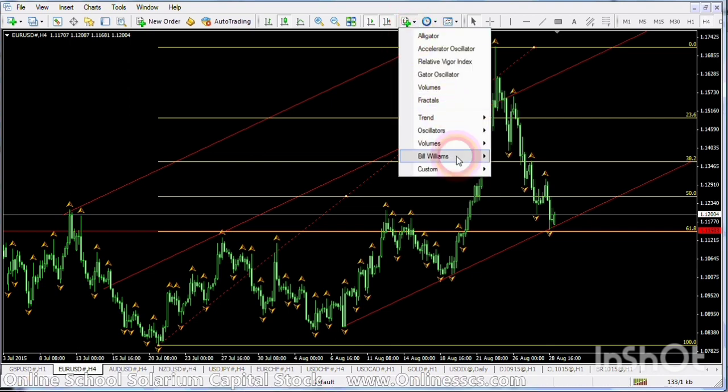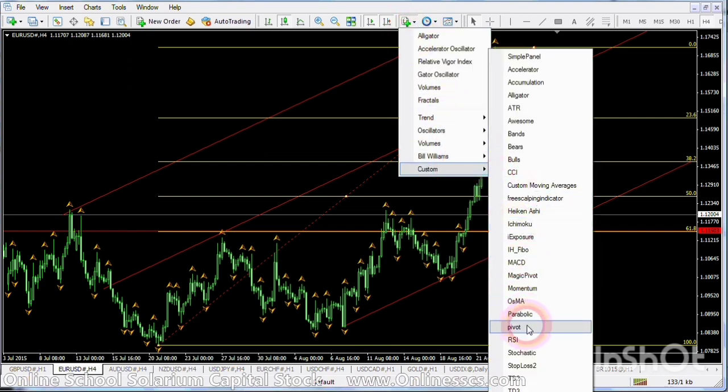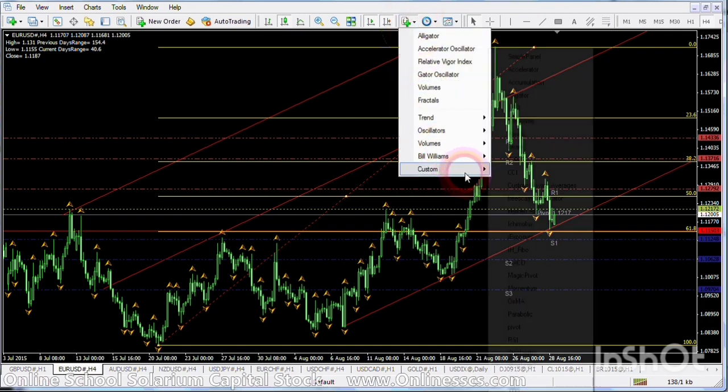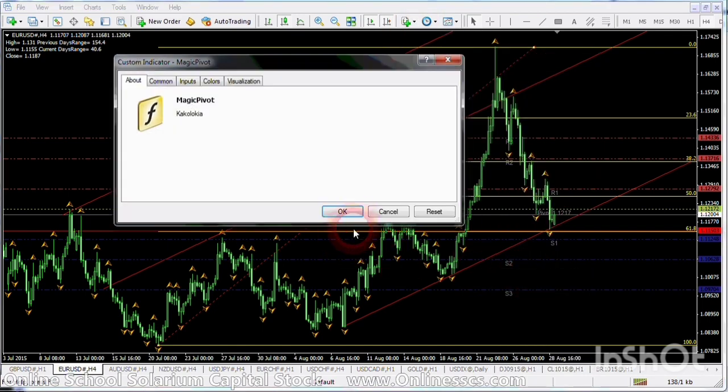In previous sessions, I have told you the indicators. I put my pivots on, the pivots on my daily time frame. I have a central daily pivot here, and it's not a good place to trade in because it's not obvious that it's gonna break the pivot or not. Another one, magic pivot.